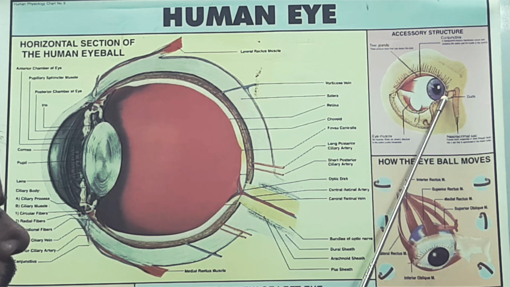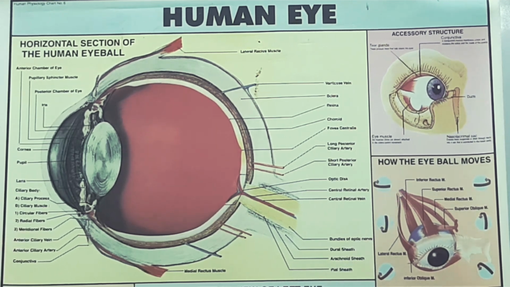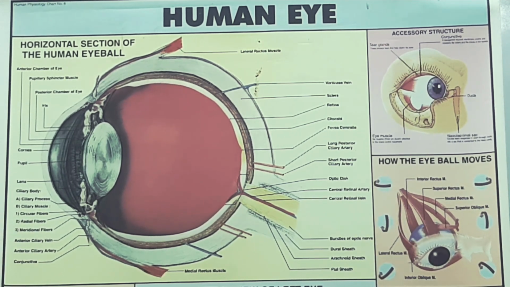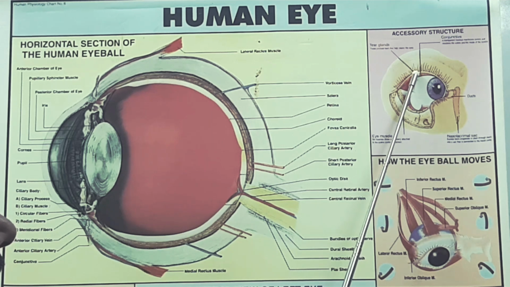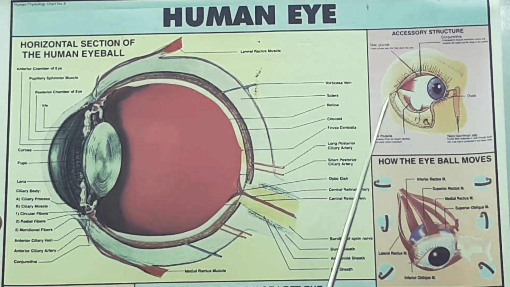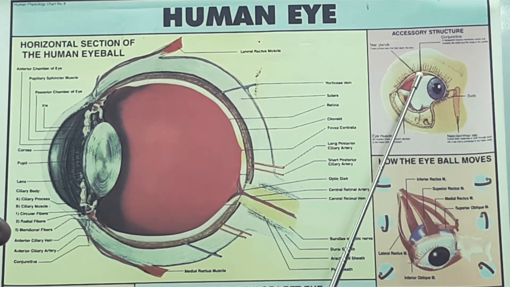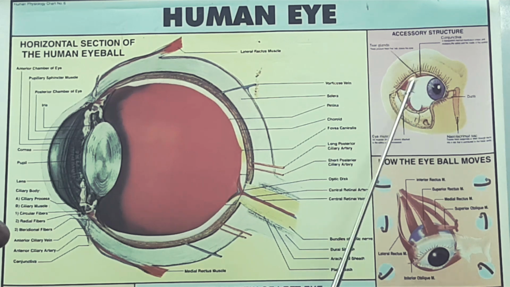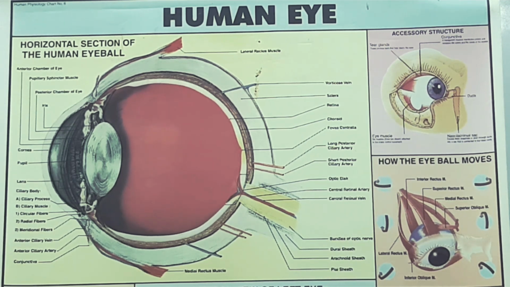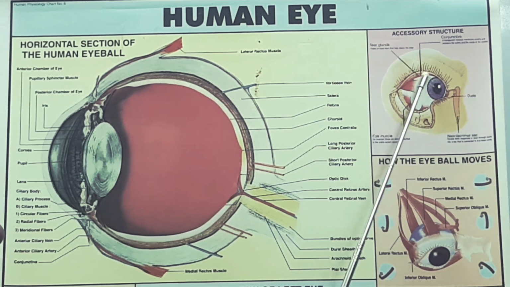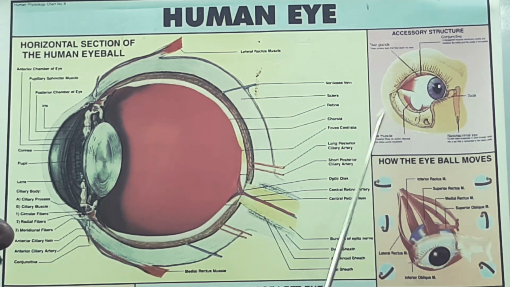Here is the nictitating membrane, which is a vestigial organ, and it is located in the corner towards the nose. Here a number of tear glands are located. Tear glands secrete tears, and these tears are spread on the front part of our eye with the help of some tear ducts.